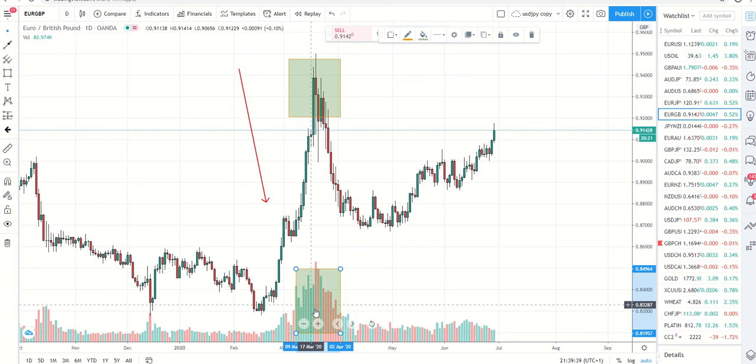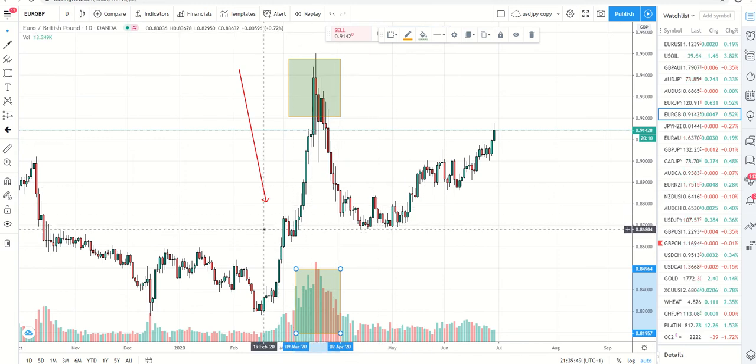Why is there so much volume here and here? What's the reason? Why wasn't there so much volume here? Why is there not so much volume here? Well, let's pull this out and have a look.